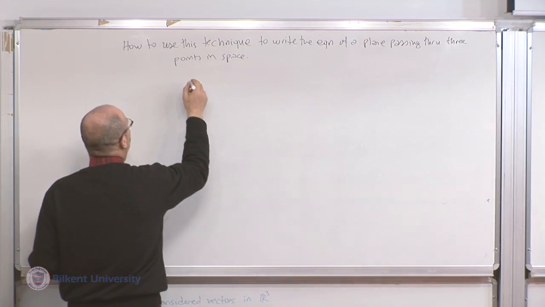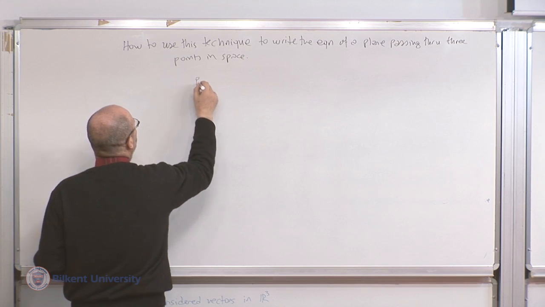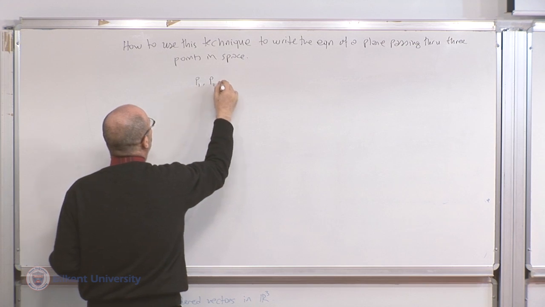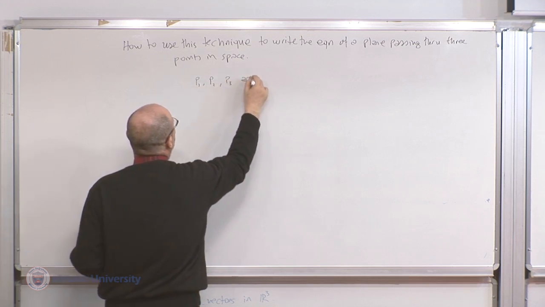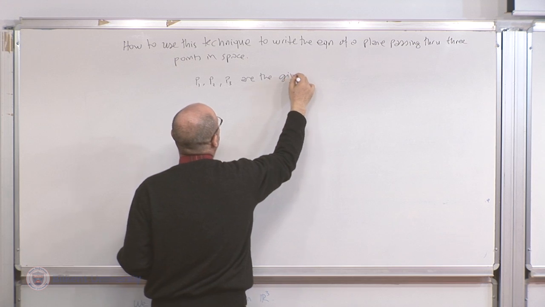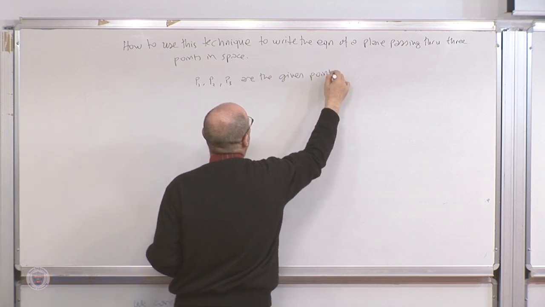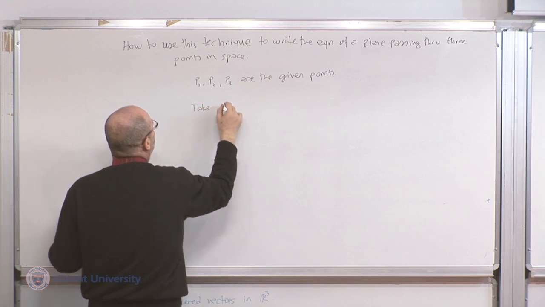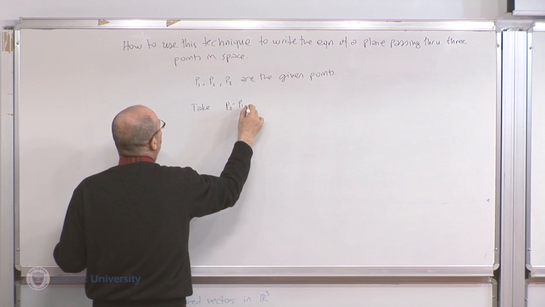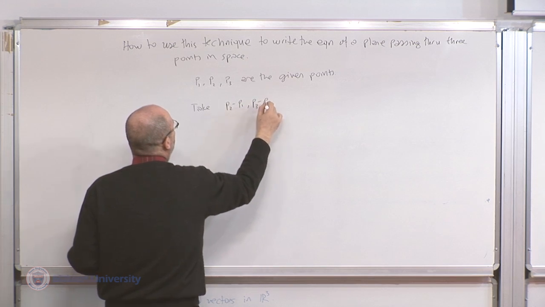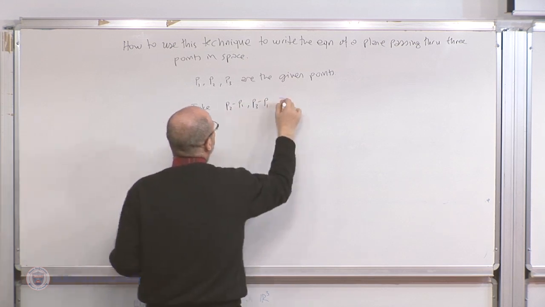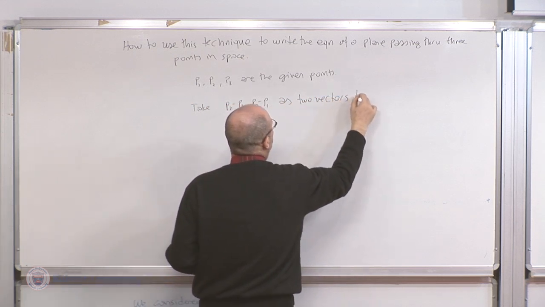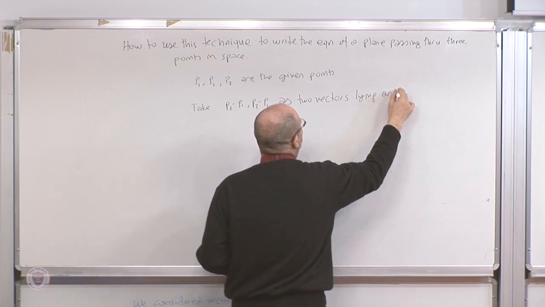Suppose P1, P2, P3 are the given points. Take P2 minus P1 and P3 minus P1 as 2 vectors lying on the plane.